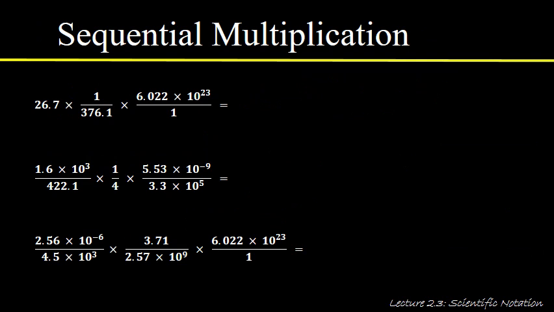All right, last thing, sequential multiplication. When you're doing complicated calculations like this, what a lot of people do, and I did this myself for a long time, and to be honest, there's really nothing wrong with it. But just to kind of feel comfortable, let's look at this first one here.